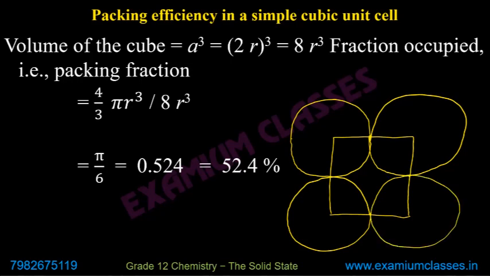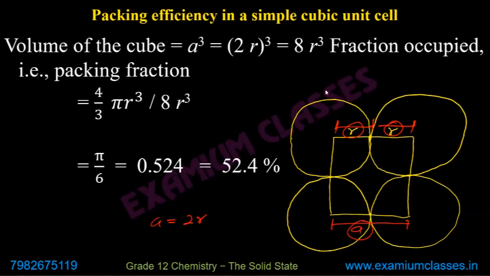So basically the radius of the atom is r, and this total length is a, the edge length of the cell. So it means a is equal to twice the r, that is r plus r. Is that clear now? r plus r is equal to a. So that's why I said a is equal to 2r.